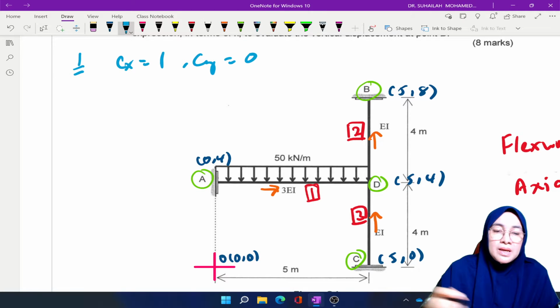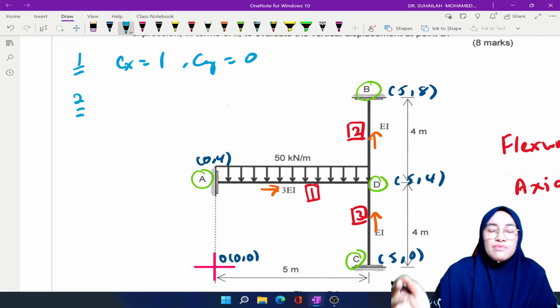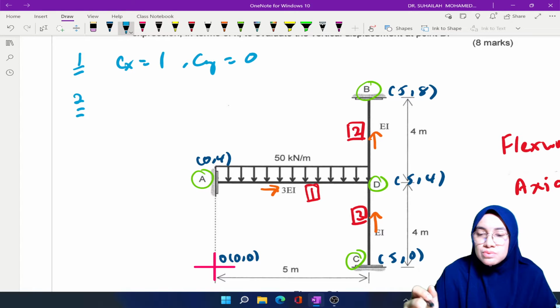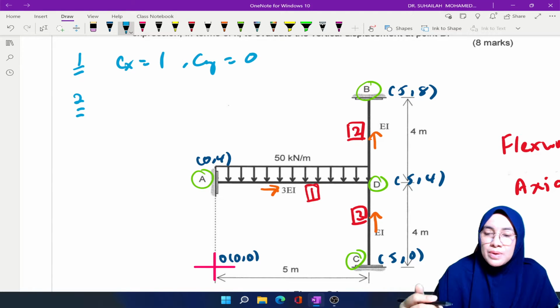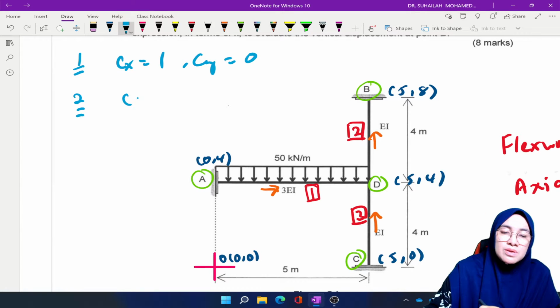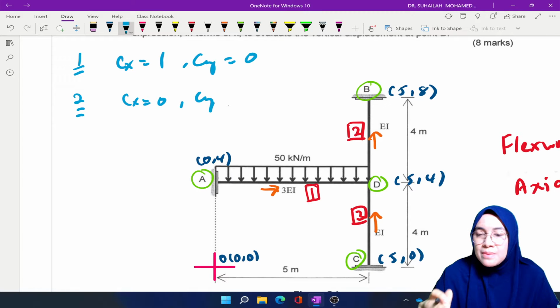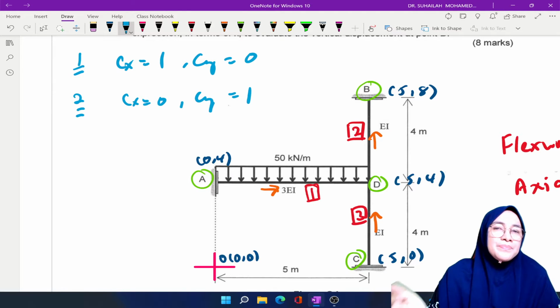And then we have element number 2. For element number 2, we have 5 minus 5. For a vertical member, Cx will be 0. For Cy, we have 8 minus 4 is 4, divided by length 4, it is 1.